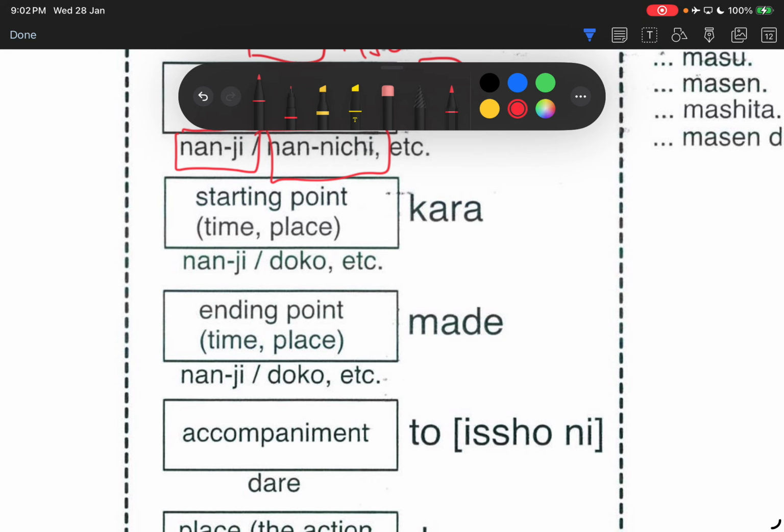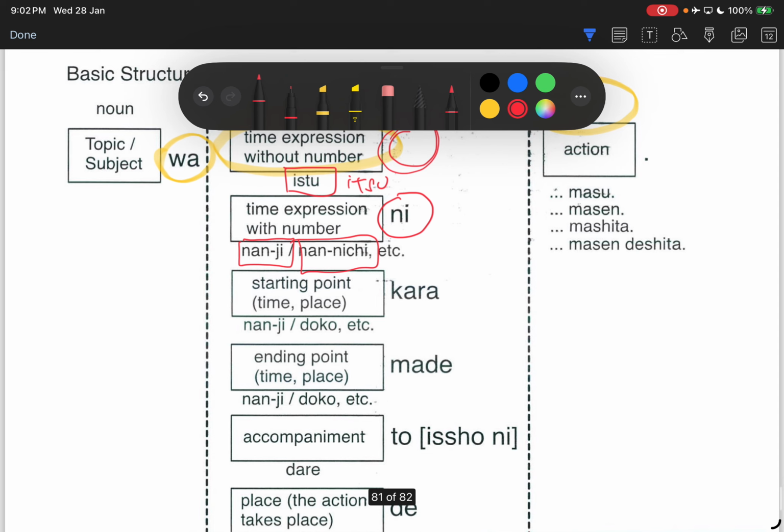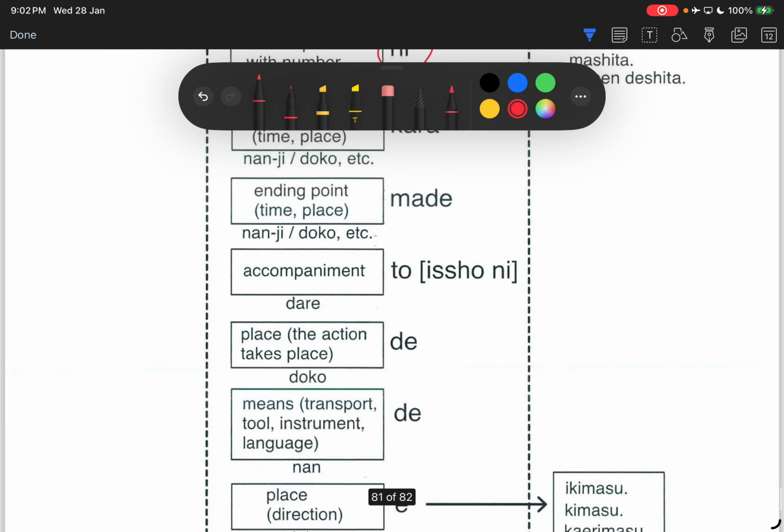For example, from 3 o'clock to 5 o'clock, from Toa Payoh to Tampines. From, until: kara, made. These come after our time. So if you want to form a sentence, kara and made come after the time. Then followed by our accompaniment.